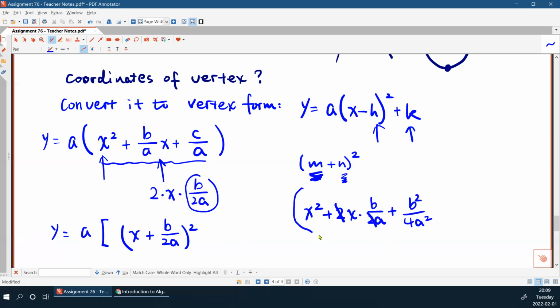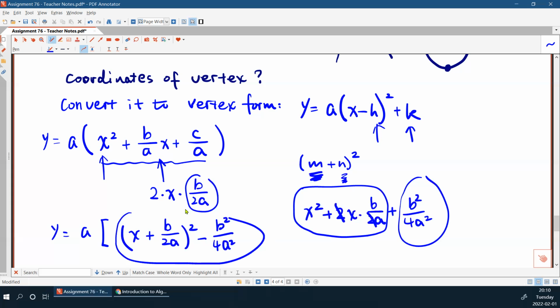As you can see, the first 2 terms are exactly the same as the first 2 terms in the original expression, right? But you introduced an extra term here. So that means you need to subtract it here in order to make this part exactly the same as the first 2 terms, right? Then copy the rest of the expression.